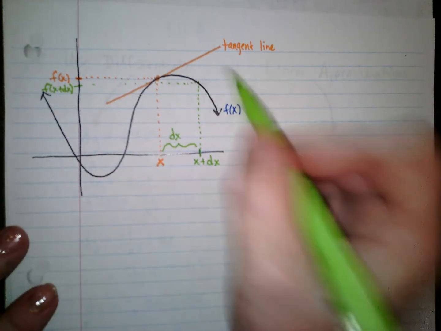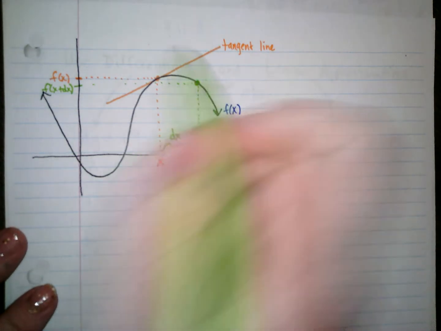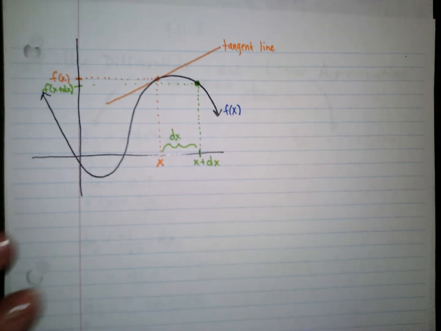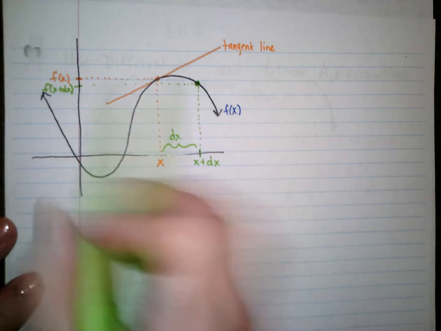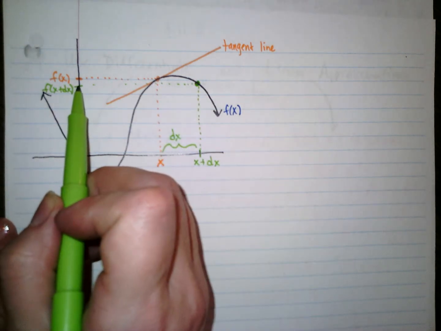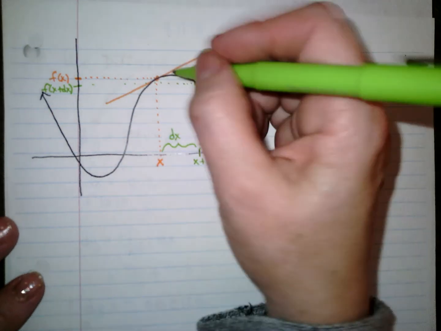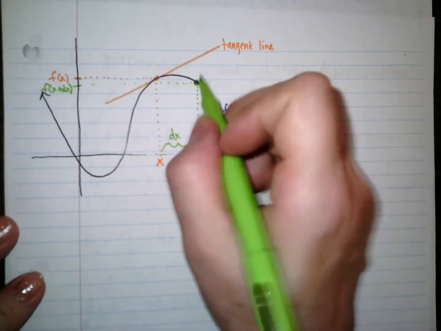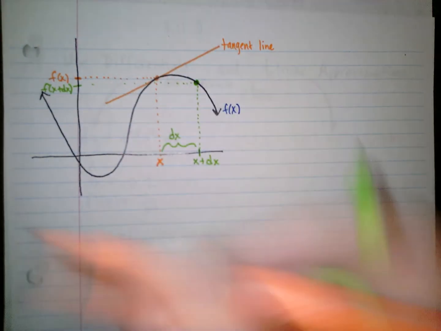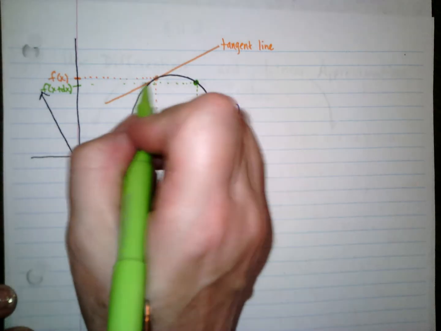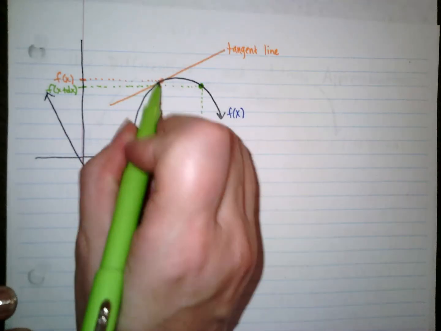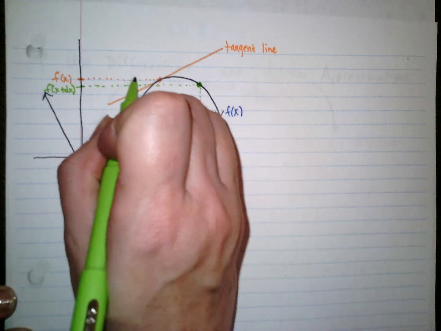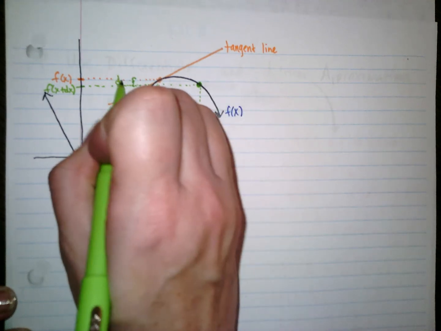Now, what I see here is on my actual function, what's the difference in the y value between this ordered pair and this ordered pair? It's given by this little teeny tiny section here. This little distance between the height of this dot and the height of this dot is delta y.